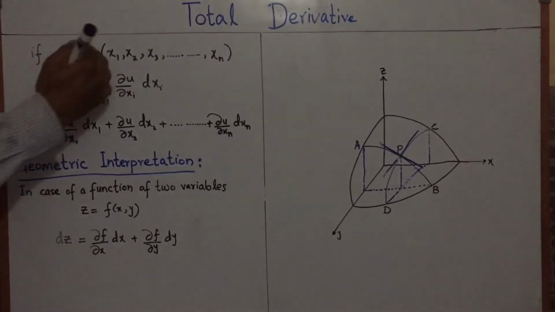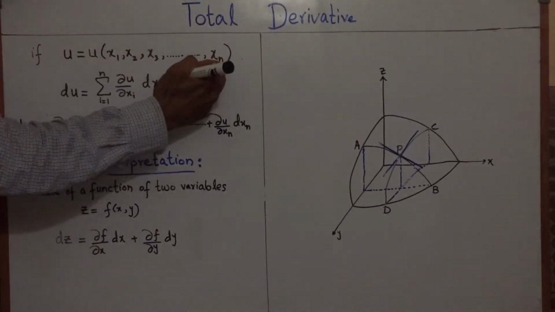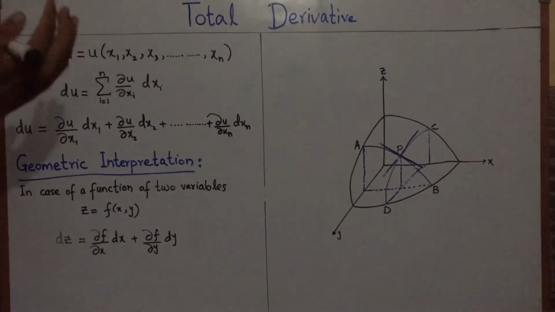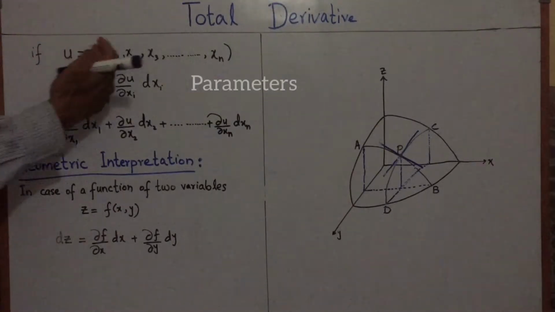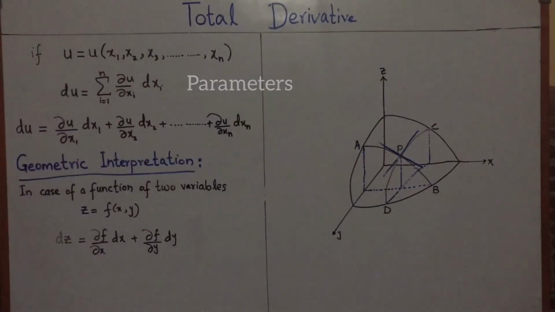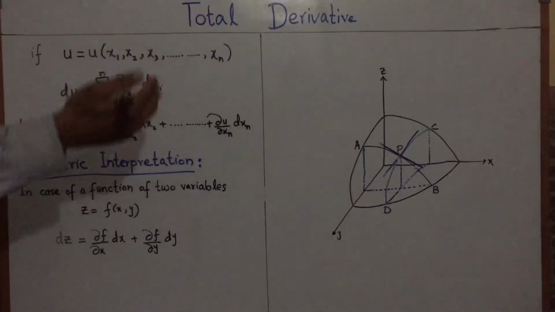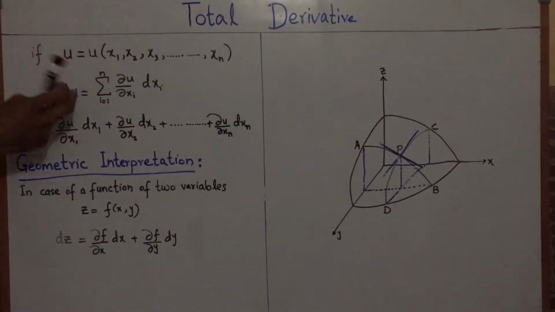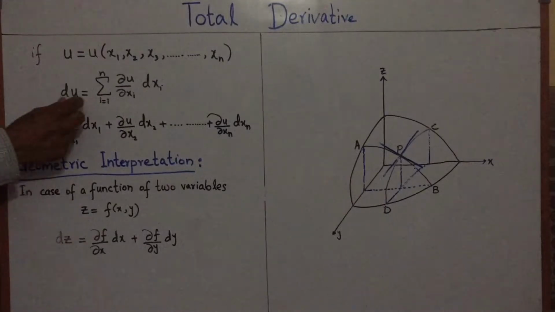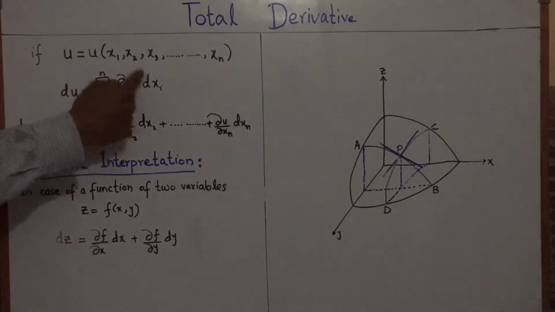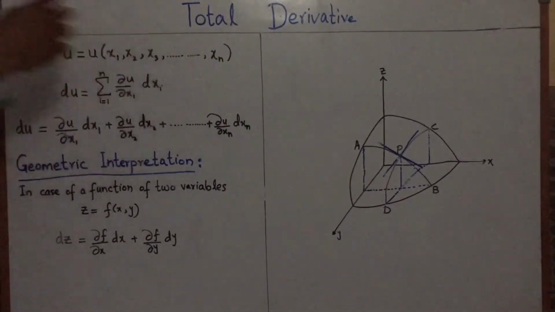So we have n variables, and in physics or chemistry terms we say we have n parameters. So we want to know the influence of these parameters x1, x2, x3, xn on the function. So total change du is equal to the sum of all changes.